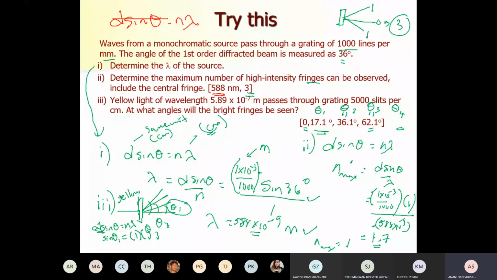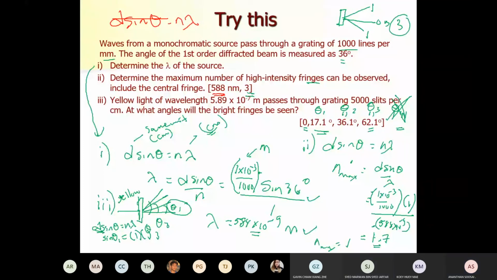That means sine theta you get is more than 1. Sine theta normally is less than 1, right? So if you get a math error, that means that order does not appear in this setup. So for theta 4, the calculator should show math error. That means theta 4 doesn't exist.